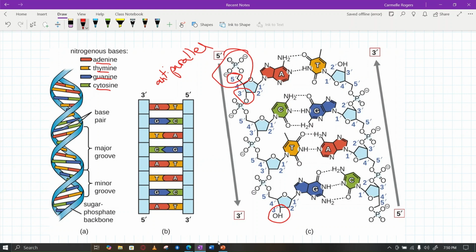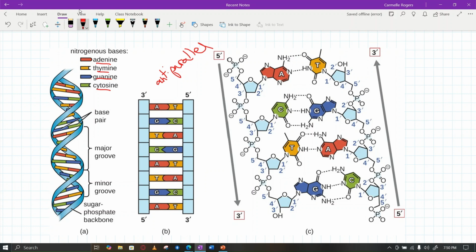And with DNA, one strand will go from 5' to 3', and the other strand is anti-parallel. And so notice how we have 3' and 5' on the opposite strand. A will pair with T, and we can see that at the top.